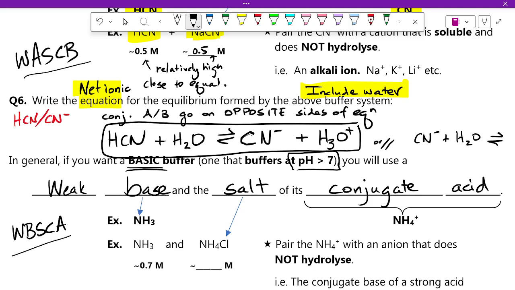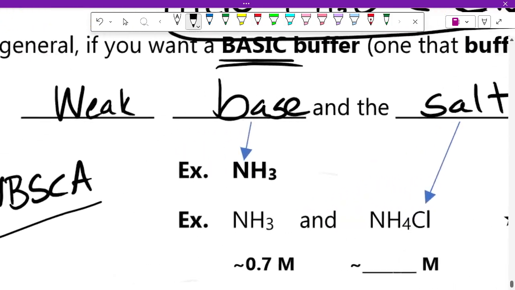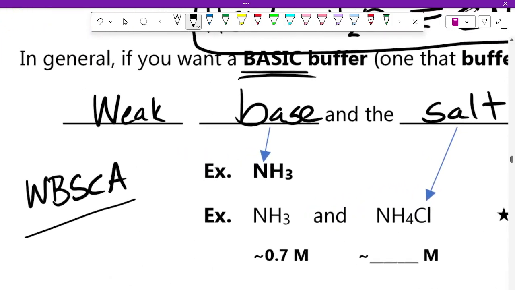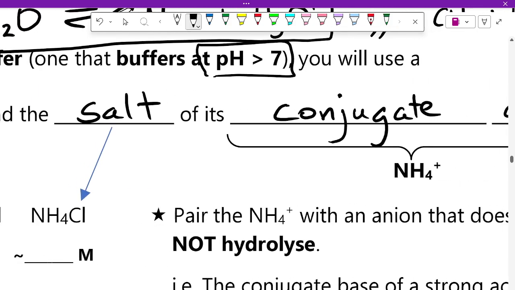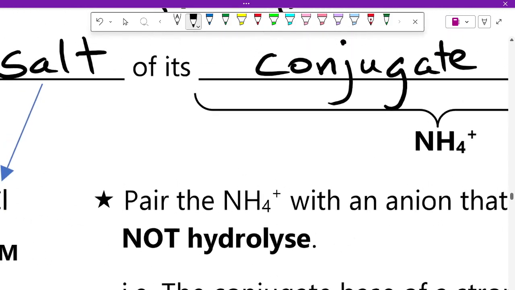So who is our weak base here? For our example, we have NH3, ammonia. And its conjugate acid is NH4 plus. Who could we put it with that will not hydrolyze? What anion could we pair it up with to make it into a salt?